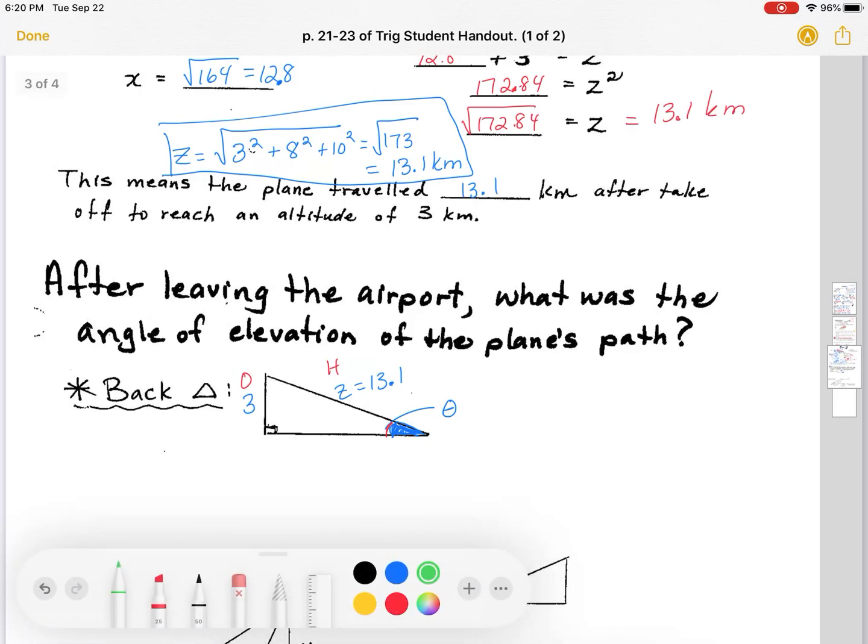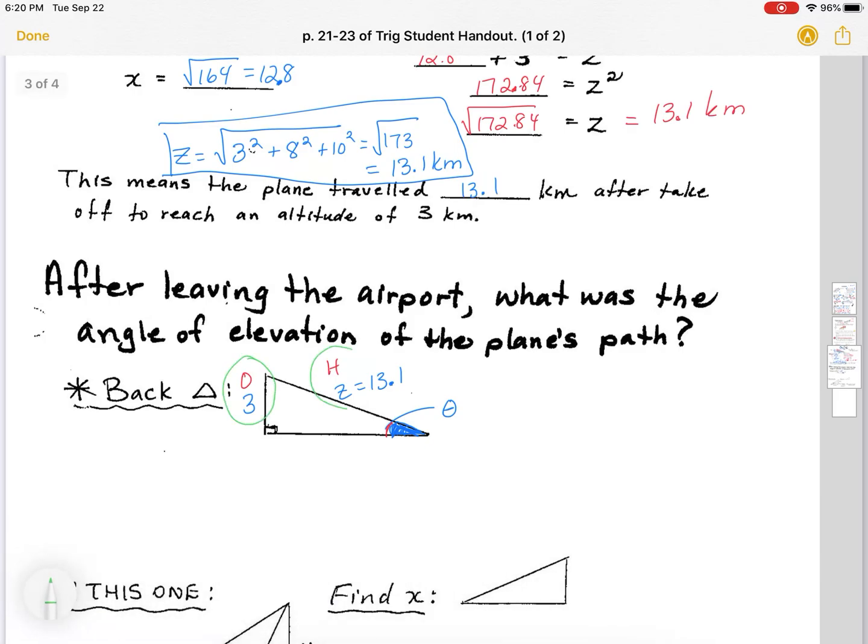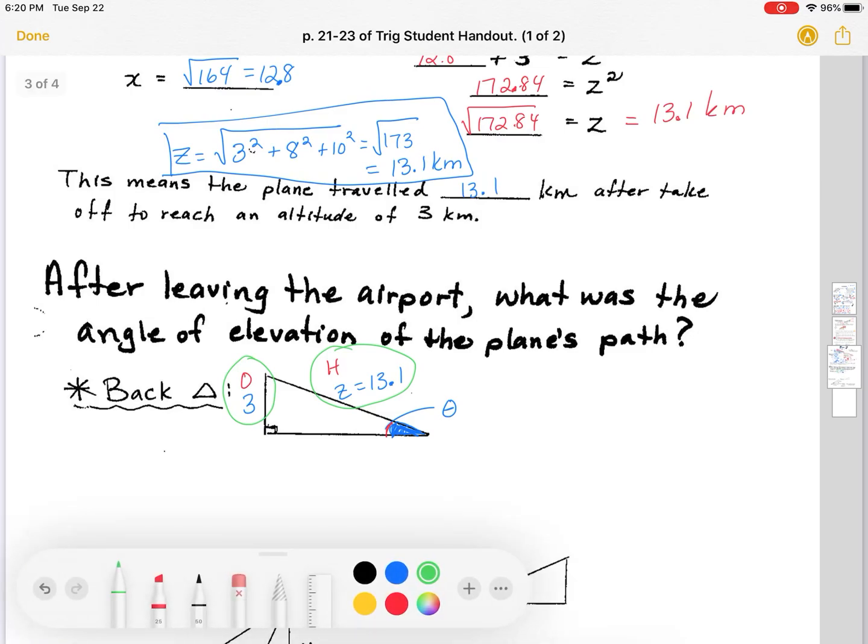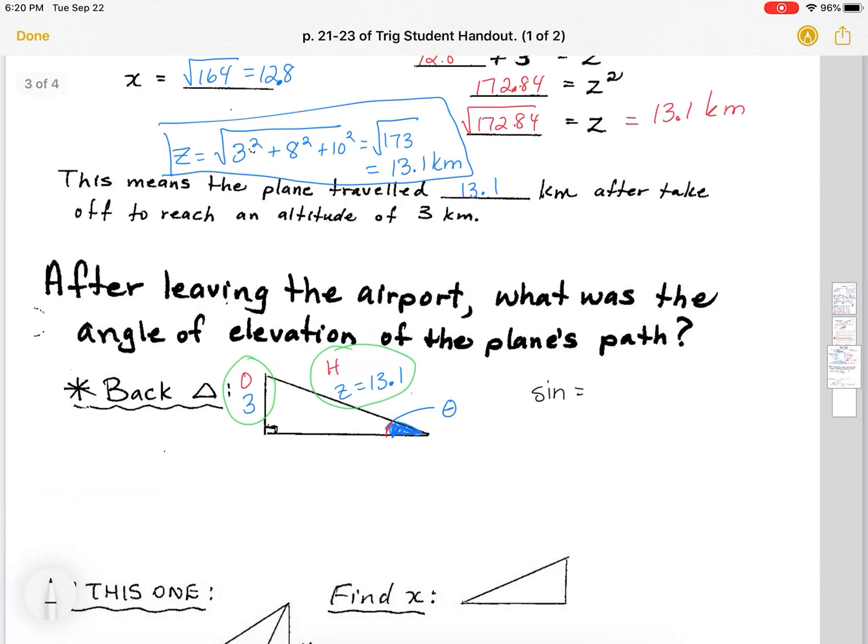So now we can use our trig. Let's label. From this angle of interest, we have our opposite and our hypotenuse. So use the same rules. We've labeled, now we're going to circle, and opposite and hypotenuse tells us that we want to use sine. So sine theta is equal to opposite over hypotenuse, which is equal to 3 over 13.1.